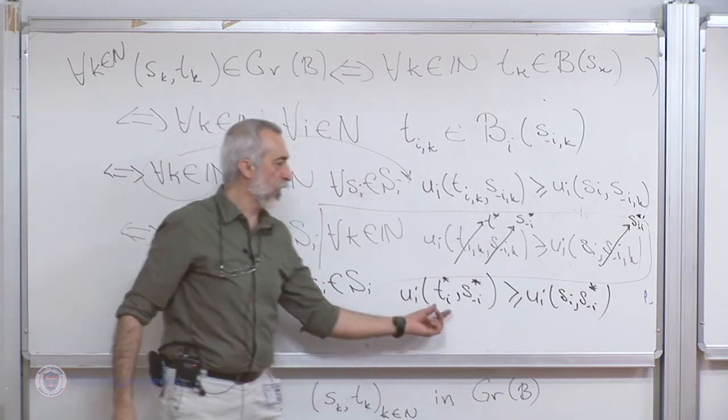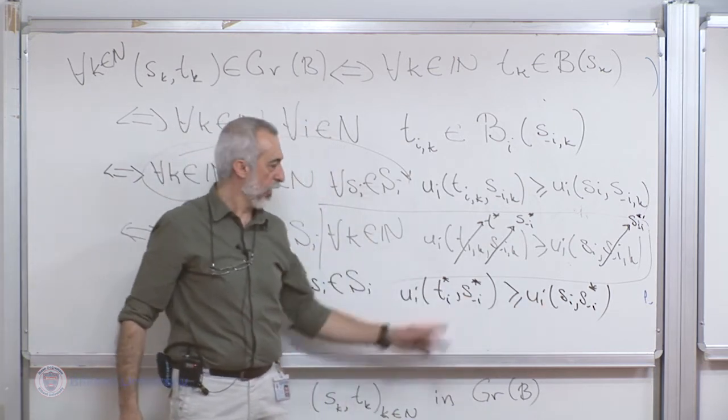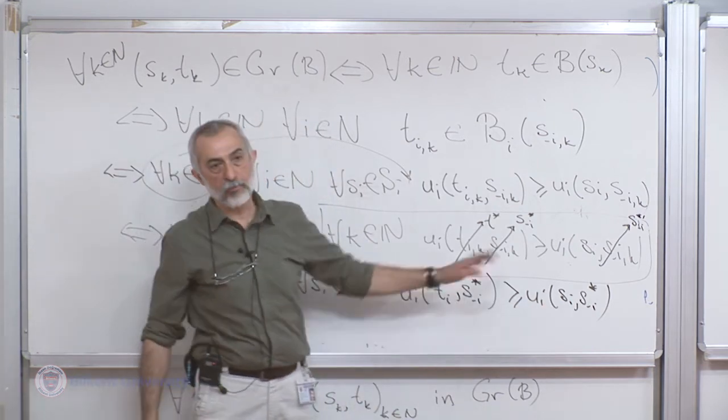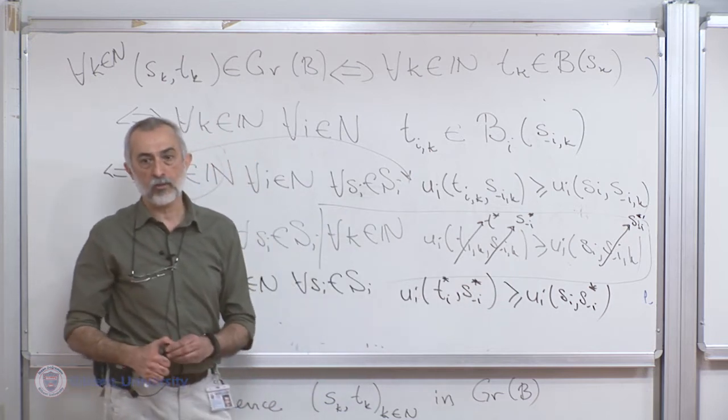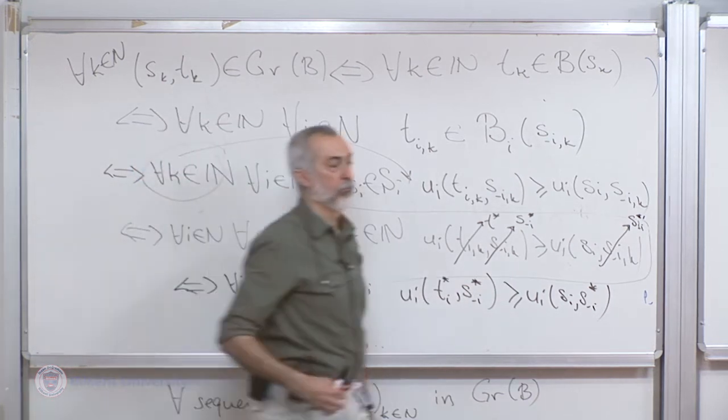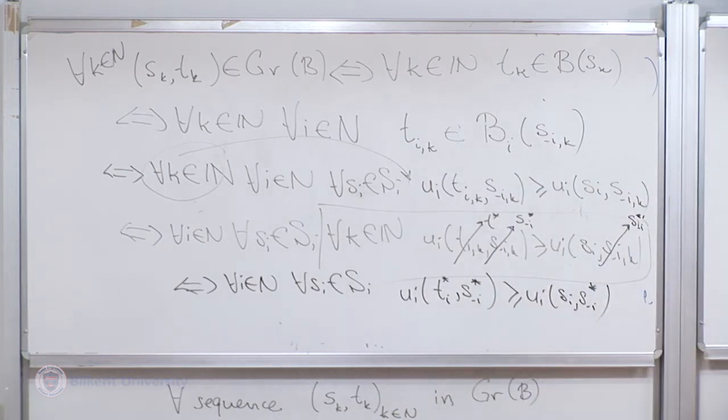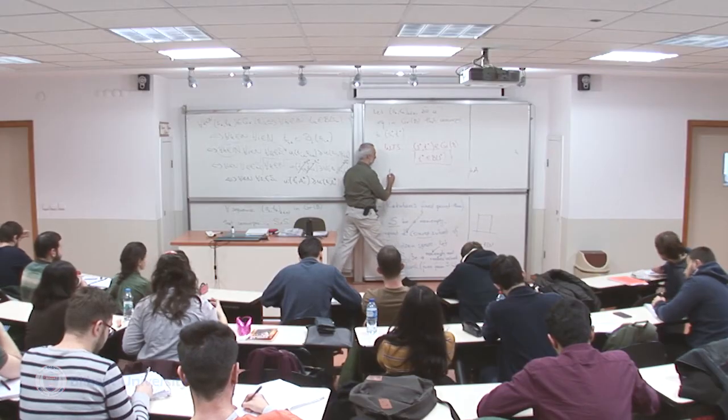Which implies that Ti star is a best response to S minus I star. Okay? Yes, sir. Ui is? Yes. So the continuity, we have the following theorem. I'll write the simple form.